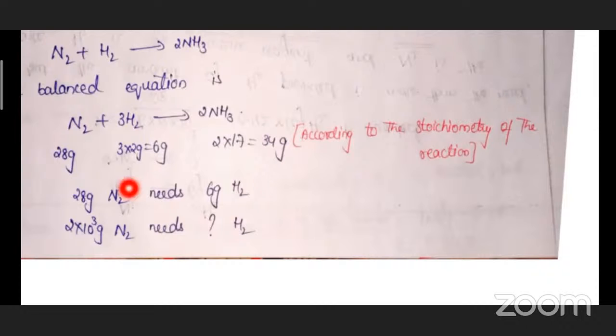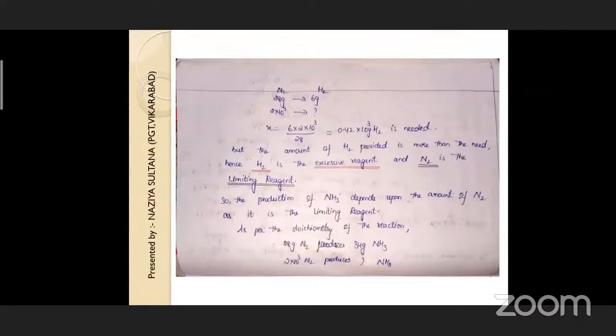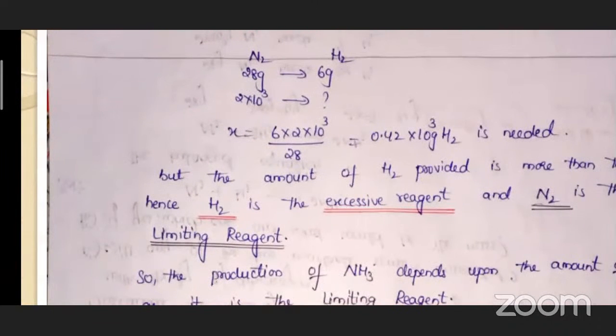You see here, 28 grams of nitrogen needs 6 grams of hydrogen. Now 2 into 10 to the power of 3, that is 10 cube, 2 into 10 cube grams of nitrogen is given. How much hydrogen is required, we have to find out. So 2 into 10 to the power of 3 grams of nitrogen needs how much hydrogen?